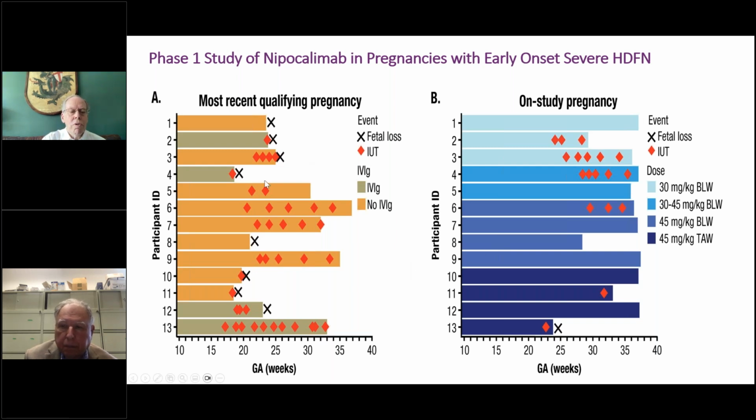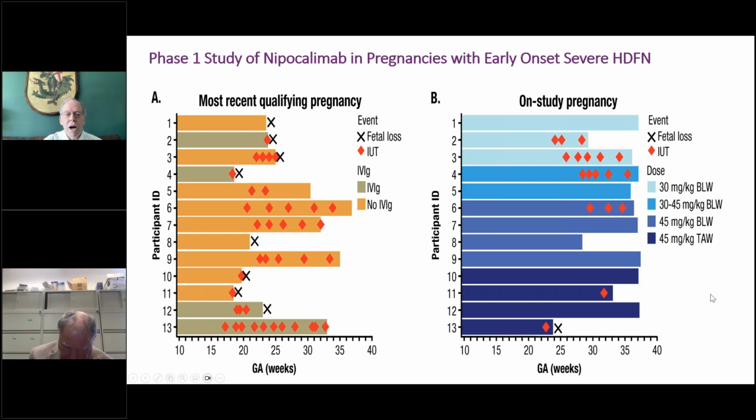What you see where there are 8 black X's is that these pregnancies ended in fetal loss, usually before 25 weeks of gestation. You see that the ones that survived had many red diamonds, which is standard of care in utero transfusions with red cells. And some of them, like here, this one got IVIG as well.